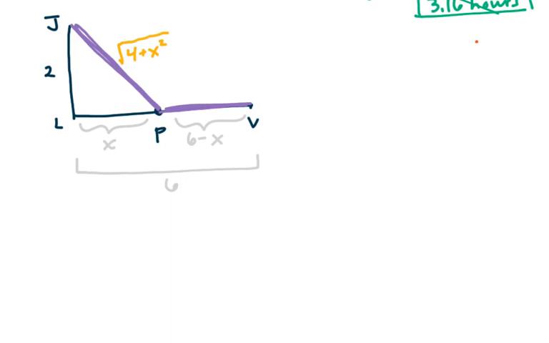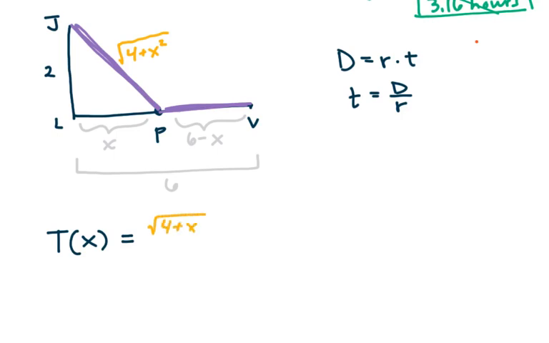So in this situation, we're going to need to calculate Jane's time from J to P and then also her time from point P to point V. So remember that distance equals rate times time, or time is going to be equal to distance divided by rate. Okay? So time in terms of x, along the path from J to P, the distance is the square root of 4 plus x squared divided by her rate.